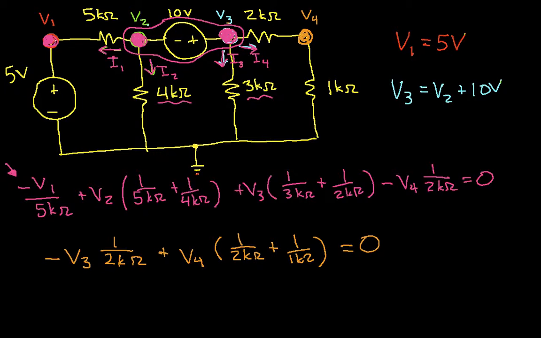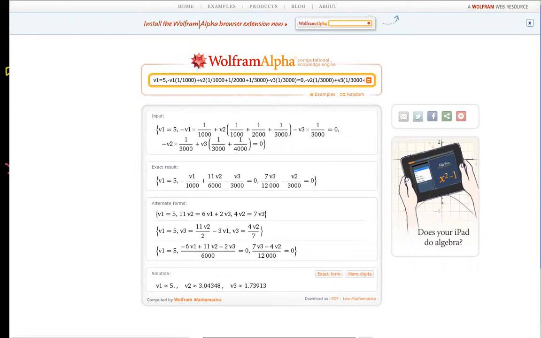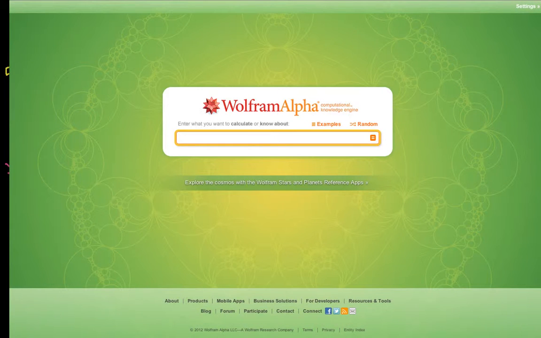So let's see, we'll go to Wolfram Alpha, bring up a fresh new window, and start typing in equations. We had V1 is equal to 5 volts, then V3 minus V2 was equal to 10 volts.